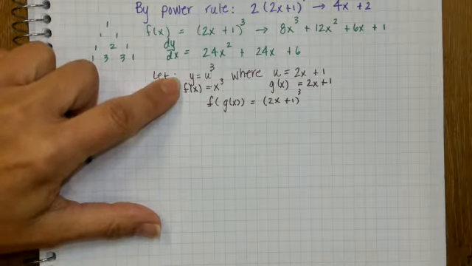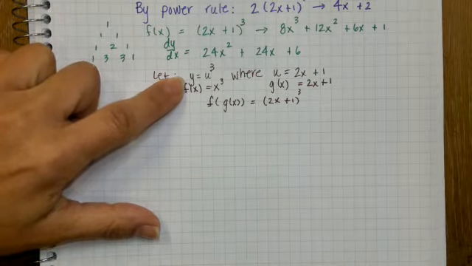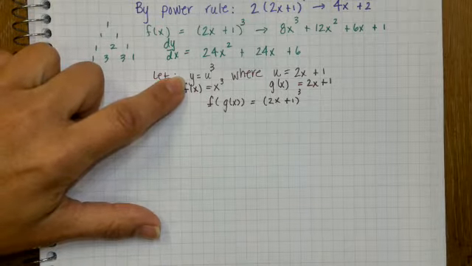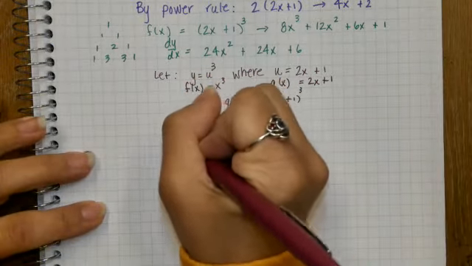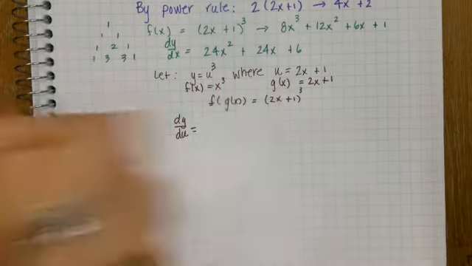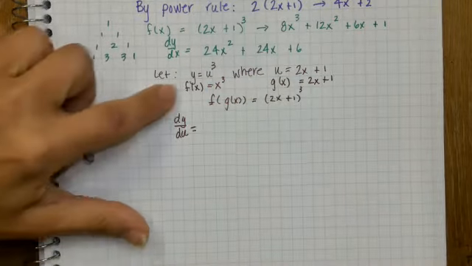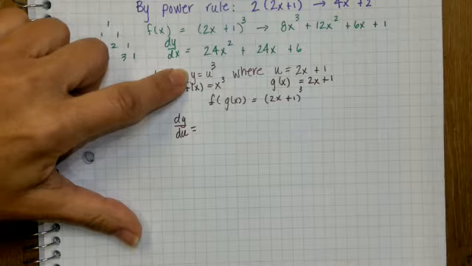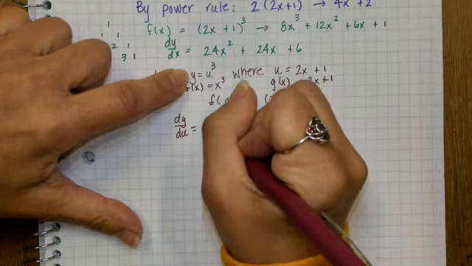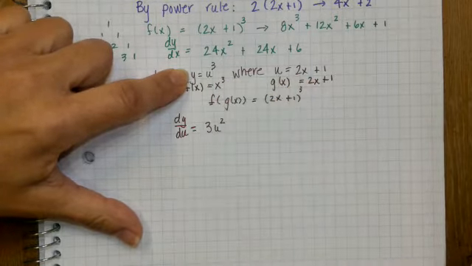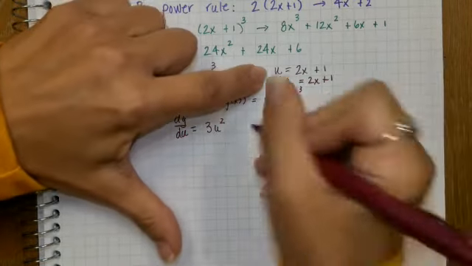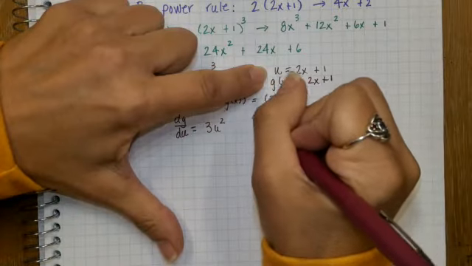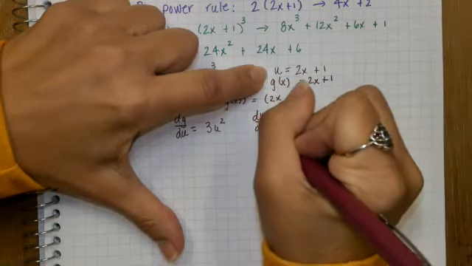Let's find the derivative of y with respect to u. We're going to do this in 2 pieces. So let's find the derivative of y with respect to u. And that, I believe, is 3u squared by the power rule. And let's find the derivative of u with respect to x.